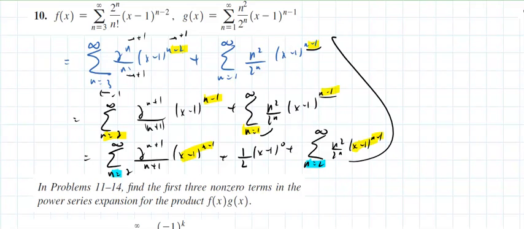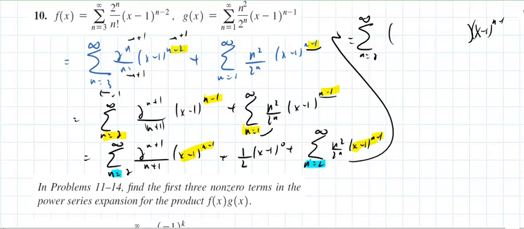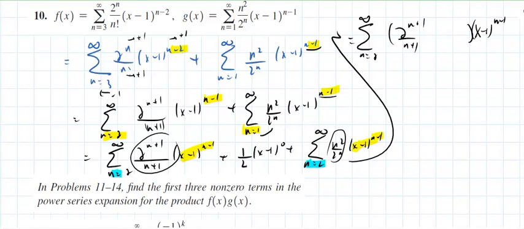So now I could say, well, hey, that's the series n equal 2 to infinity. I'm going to have a bunch of quantities in there, x minus 1 to the n minus 1. Perfect. I was able to combine them. Of course, I could make that x to the n if I want, but that's not the goal. The goal is to combine those somehow. Well, what's going to go in there? This piece plus this piece.